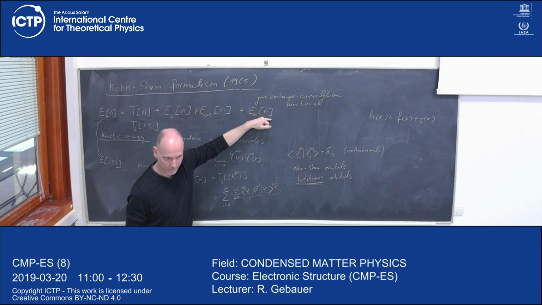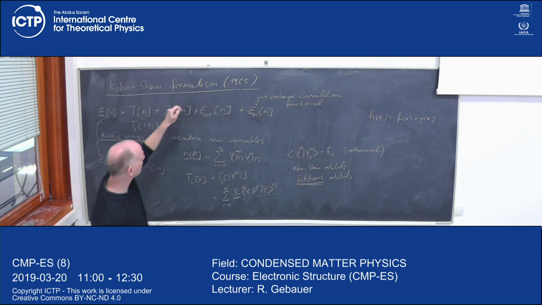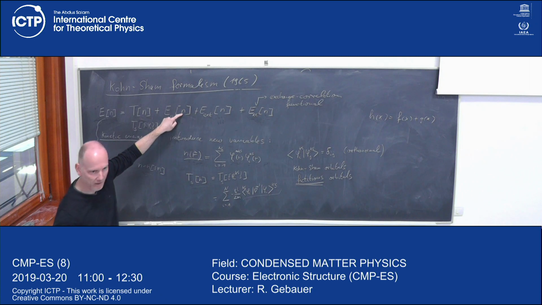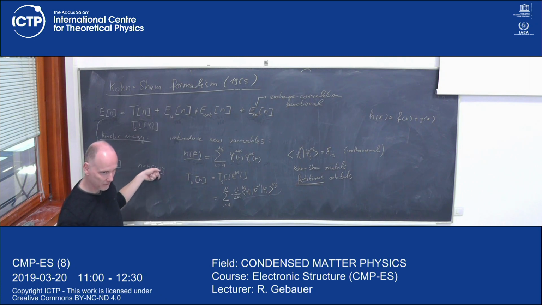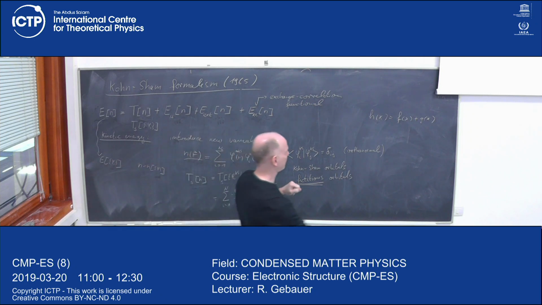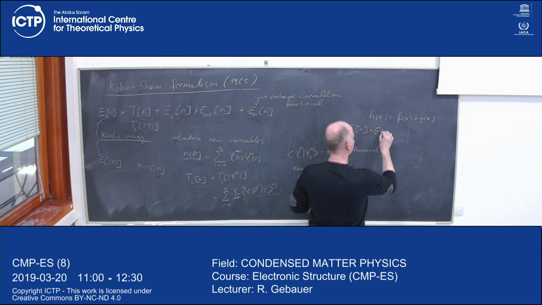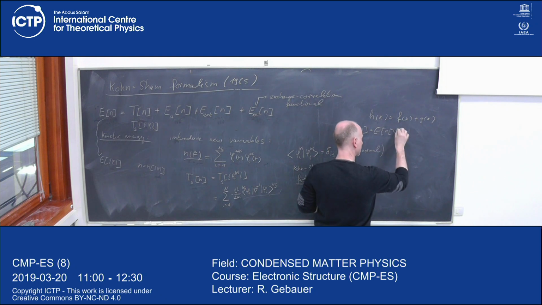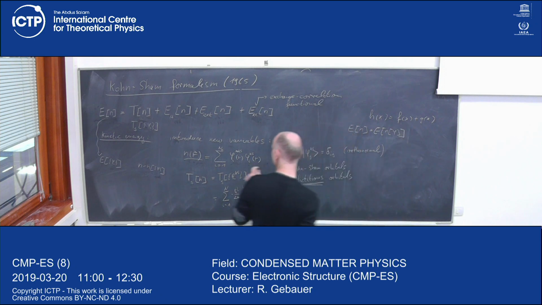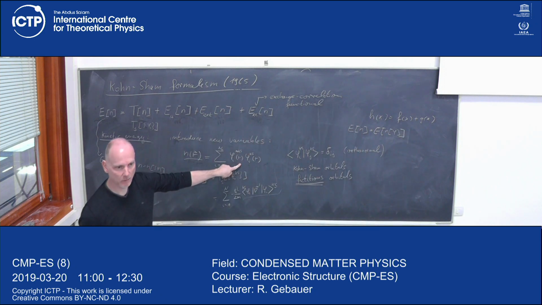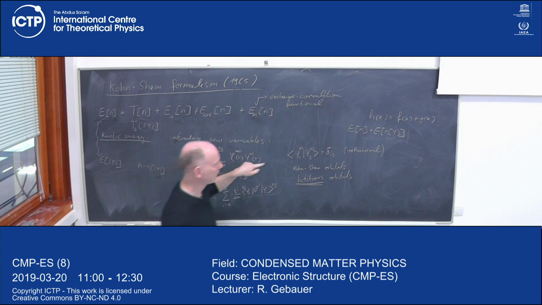This one's also known in terms of phi. Yes, and they are known in terms of phi because they are known in terms of n, and n is a function of phi. So you have e of n, but this is in fact e of n, which depends in turn on the phi's.